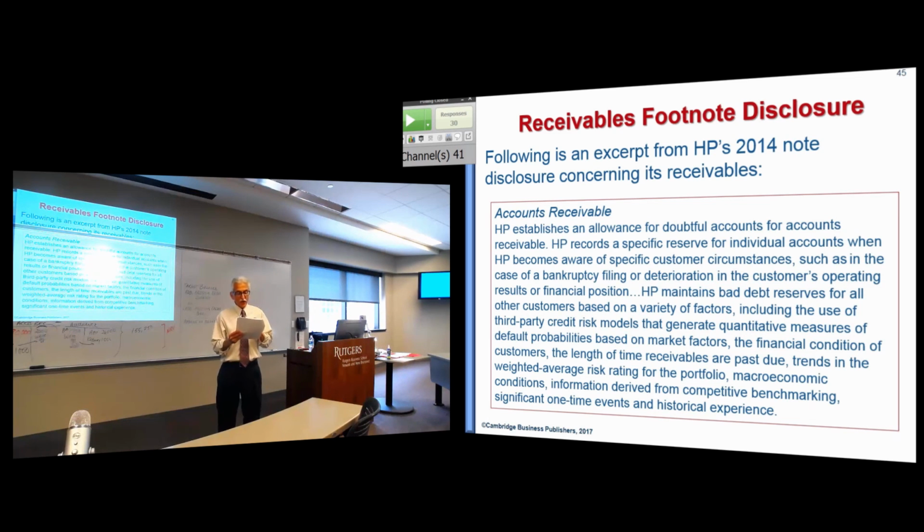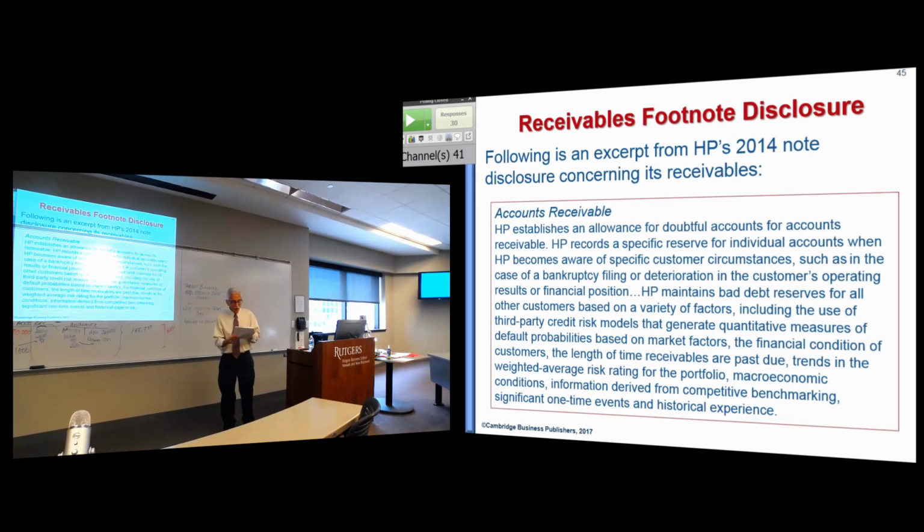They use a specific reserve for individual accounts. That's a specific review that is used when they become aware of customer circumstances such as bankruptcy filing, deterioration in operations, and so on. As I said, we would look at specific accounts, especially if they were 60 or 90 days past due, and do a specific review of those companies' accounts.